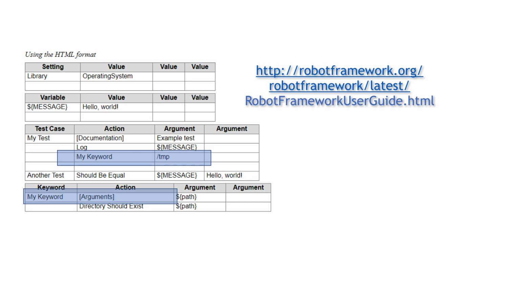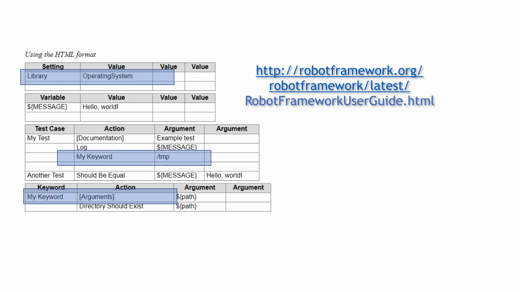They're also using keywords like set directory should exist, which is coming from the library operating system. Similarly, you can have your keywords coming from libraries, and you can have your own user keywords, which you can have in HTML or also in the libraries of your choice. It can be Python or Java, and there may be some other languages which it may support. It's not about the tool here, but it's about the concept.